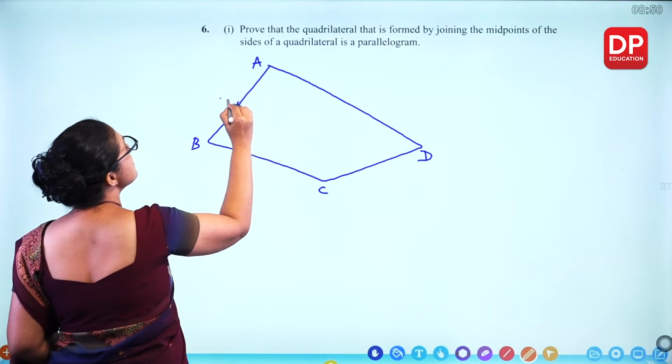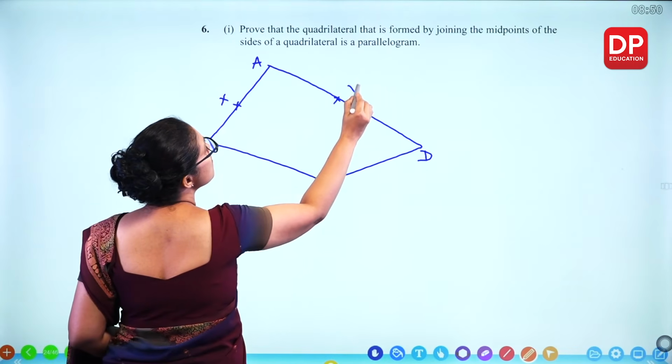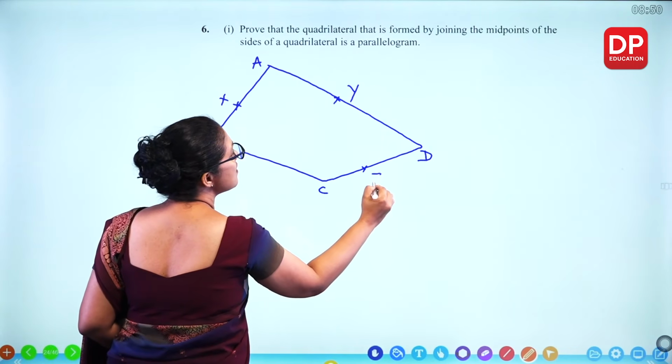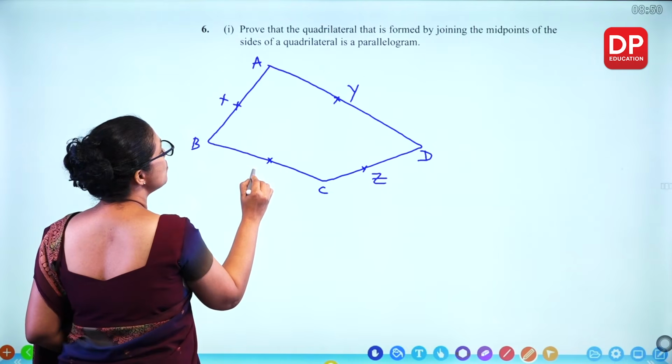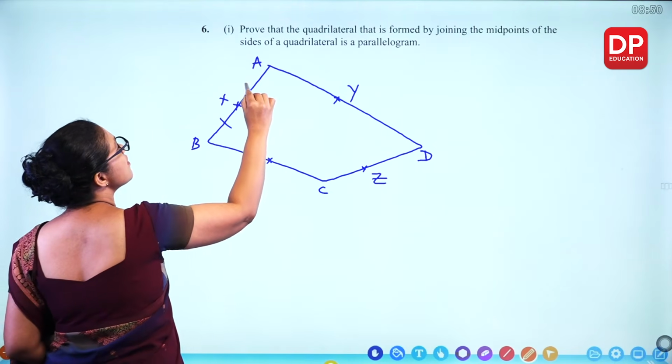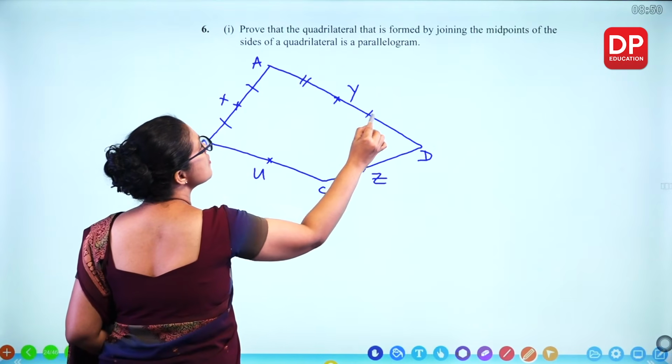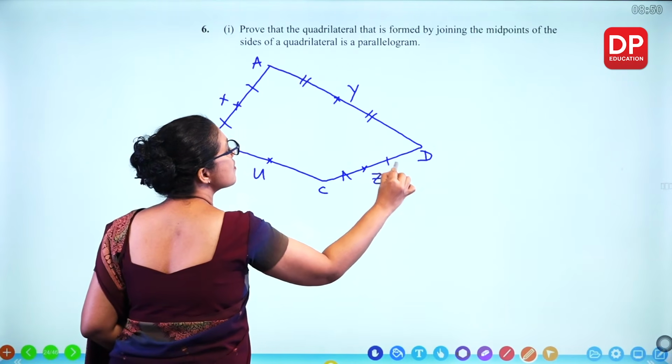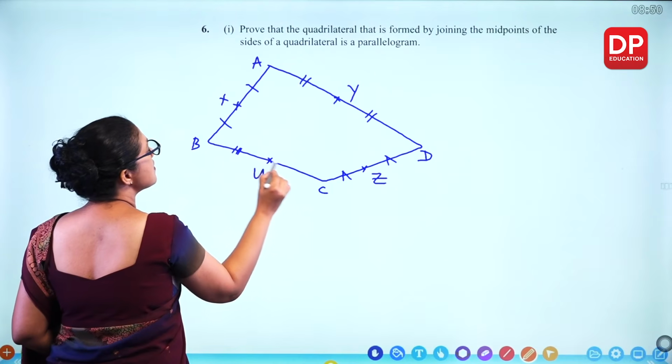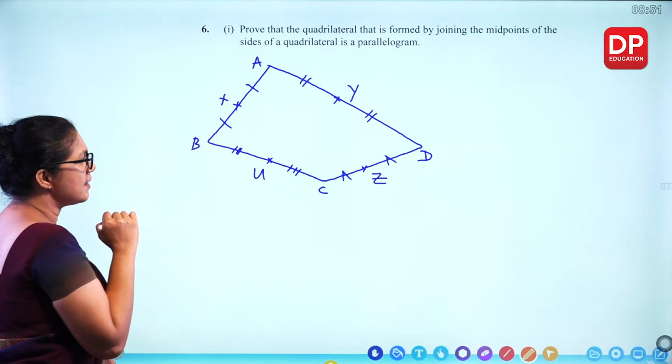So we'll take, this is X, Y, Z and U. Then this is equal to this one, this is equal to this one, this length is equal to this one, and this length is equal to this length.